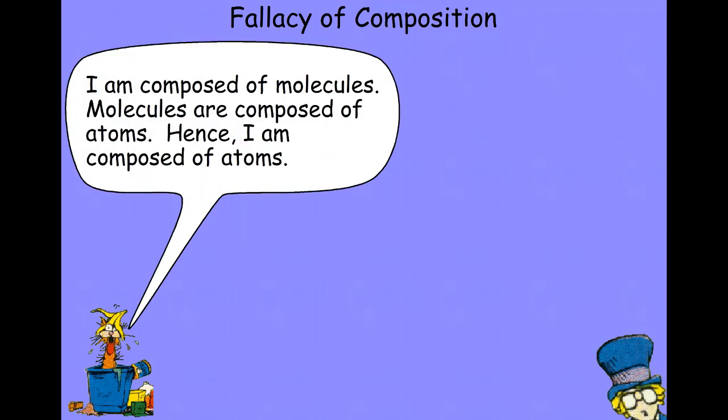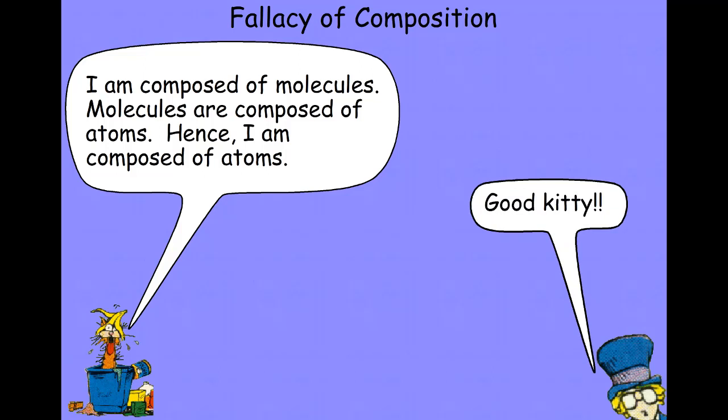If your cat, when you came home, said to you, "I'm composed of molecules, molecules are composed of atoms, hence I'm composed of atoms," well, the first thing you ought to do is probably consult a mental health professional, because cats don't actually talk. But you might also want to respond, "Good kitty." That's a perfectly legitimate argument. You are, in fact, composed of molecules.